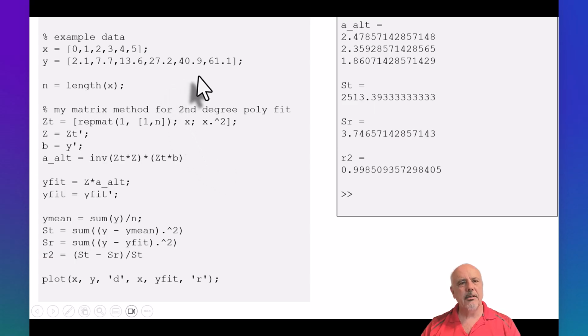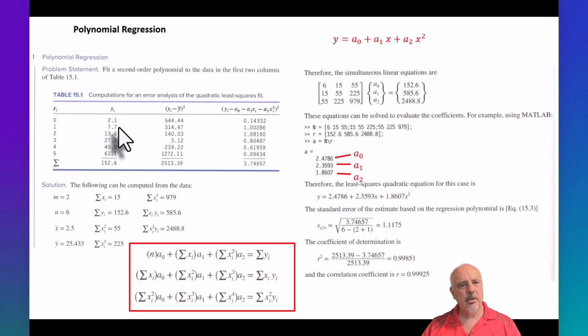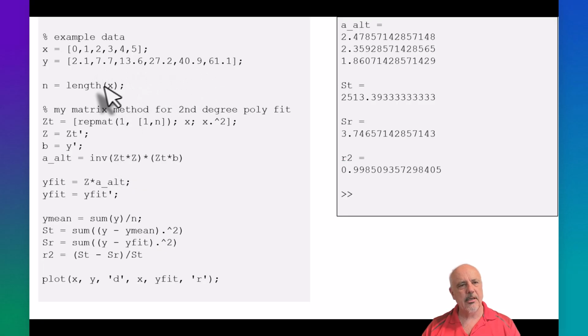So here's what I did. I put together my data. The X data is just 0 through 5, and then the Y data associated is 2.1, 7.7, up to 61.1. So I've got my Y data squared away, and figured out what my length is. Then I build it based on the transpose of Z, because it's much easier.